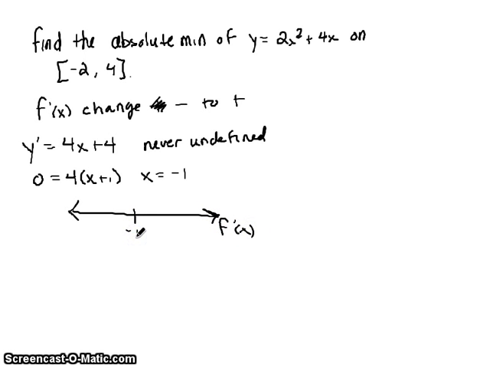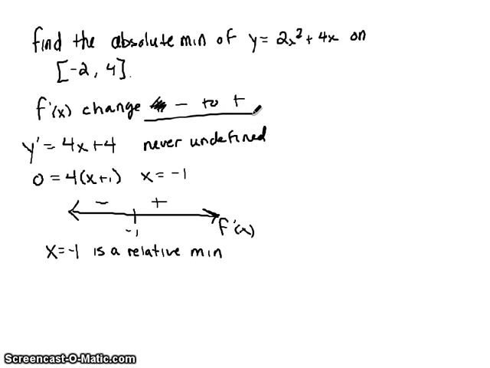If we take a number less than -1, say -2, plug it into our derivative, we're going to get a negative number. If we take a number bigger than -1, say 0, we'll get a positive number. So on our number line, we know that x equals -1 is a relative min, because our derivative changed from negative to positive.